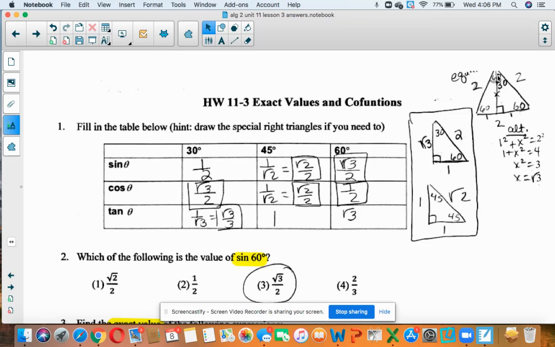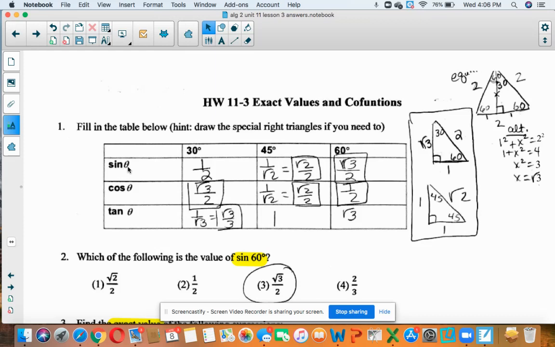It also cuts the angle in half, so the 60-degree angle is now 30 degrees. The side across from the 30 is 1. The hypotenuse is 2, and if I used my Pythagorean theorem to find the missing altitude, which is also the side across from the 60, I would get radical 3. So you really just need to memorize these 30, 60, 90, and 45, 45, 90 triangles.